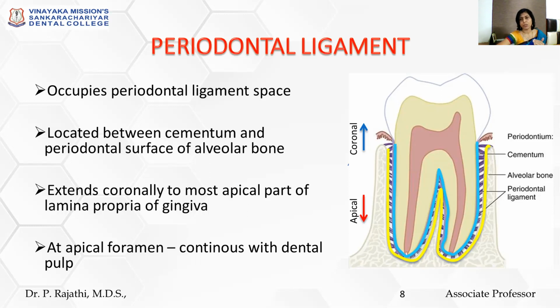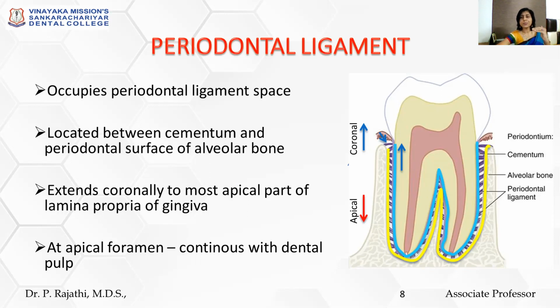Coronal means going towards the crown, apical means towards the tip of the root. So it extends coronally to the most apical part of the lamina propria of the gingiva. Lamina propria is nothing but the connective tissue of the gingiva. Beneath the gingival epithelium, you have the connective tissue, the lamina propria.